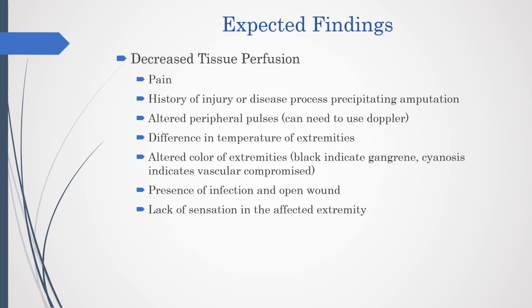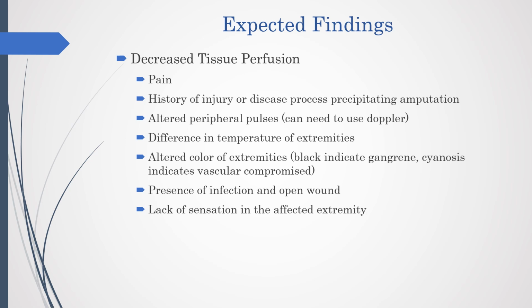If the patient's peripheral pulses are non-palpable, you can use a Doppler to assess whether the pulse is present or absent. You can find a difference between the temperatures of the extremities. You can check the color of the extremities; black indicates gangrene, and cyanosis is an indication of a compromised vascular system, which results in amputation.